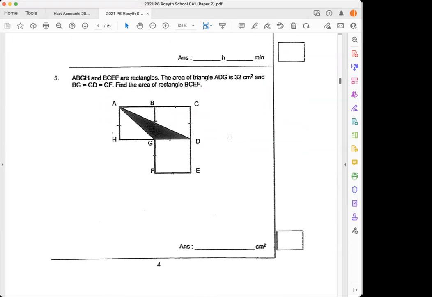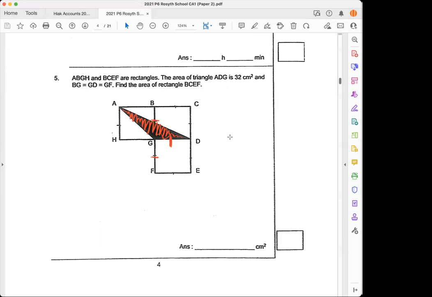ABGH and BCEF are rectangles. The area of triangle ADG is 32 square centimeters, and BG is equal to GD is equal to GF.